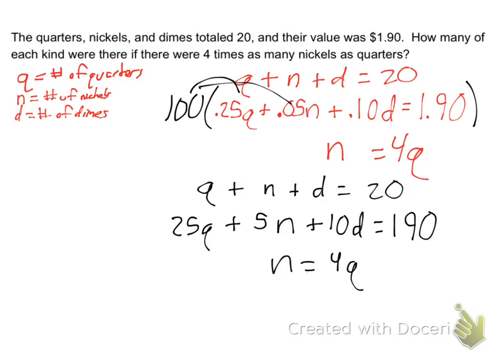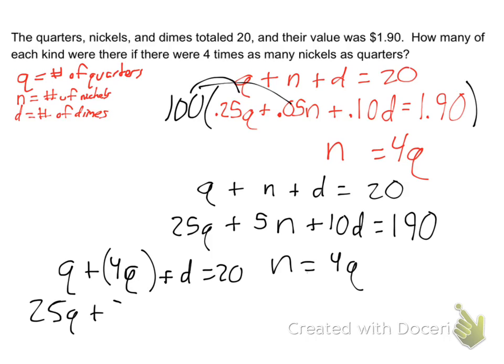Okay, so we have technical difficulties. We're just going to continue on here. So what I'm going to do is take the N equals 4Q and replace it into both of these equations stated above, so that I can eliminate another variable, and I'm down to 2 equations with 2 variables.